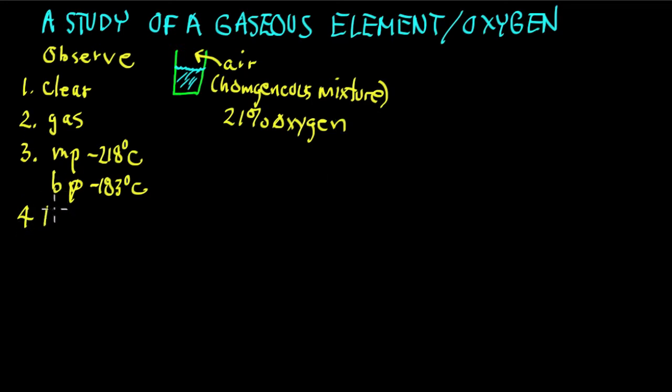Now let's look at the history a little bit. This is now going away from the observations. Oxygen discovery is around 1770. I don't have the exact date here, about 1770, a little later than that. And the reason I put that up there is because there is a real interesting controversy.